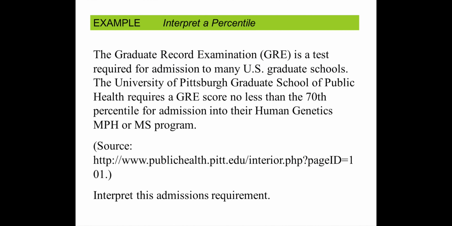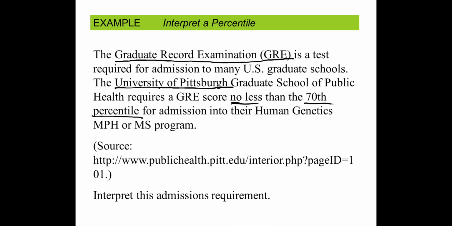So here's an example of a type of problem called interpreting a percentile, which basically just means talk about what it means. So here's a test called the GRE, and this one particular school, the University of Pittsburgh, requires a GRE score of no less than the 70th percentile for admission into some fancy genetics program here.